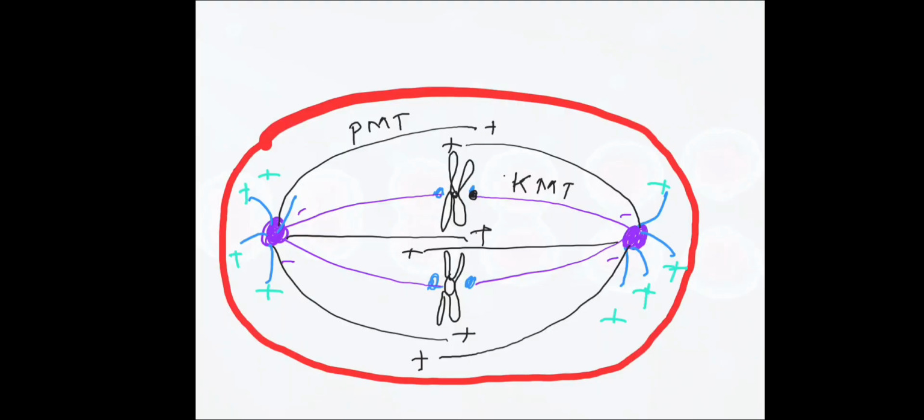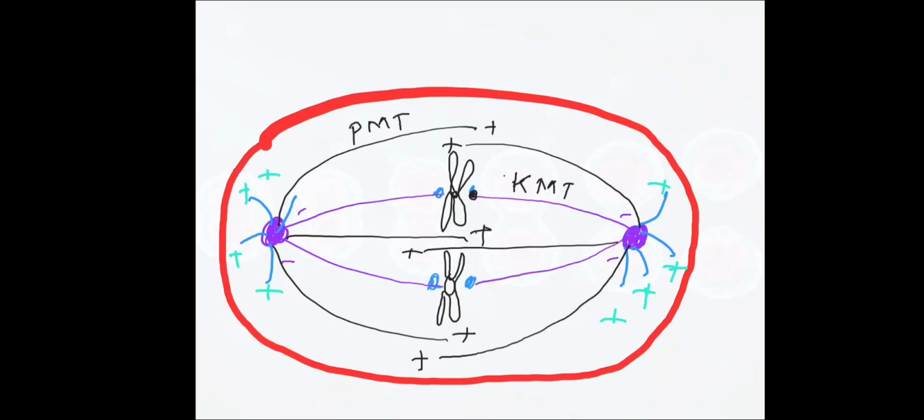And the last type is astral microtubule, which forms the aster. It radiates outward from the centrosome. The centrosome is made up of centrosome matrix with a pair of centrioles, which contributes to the formation of microtubules and the mitotic spindle.